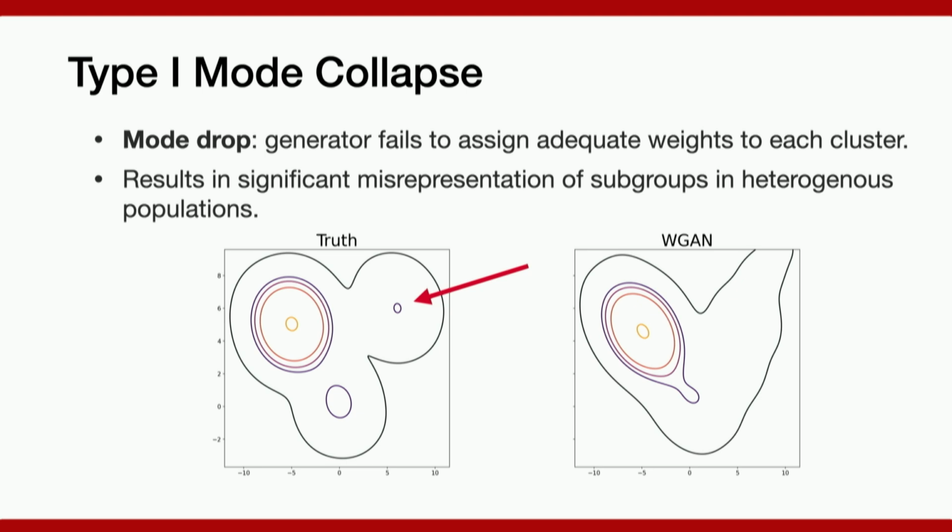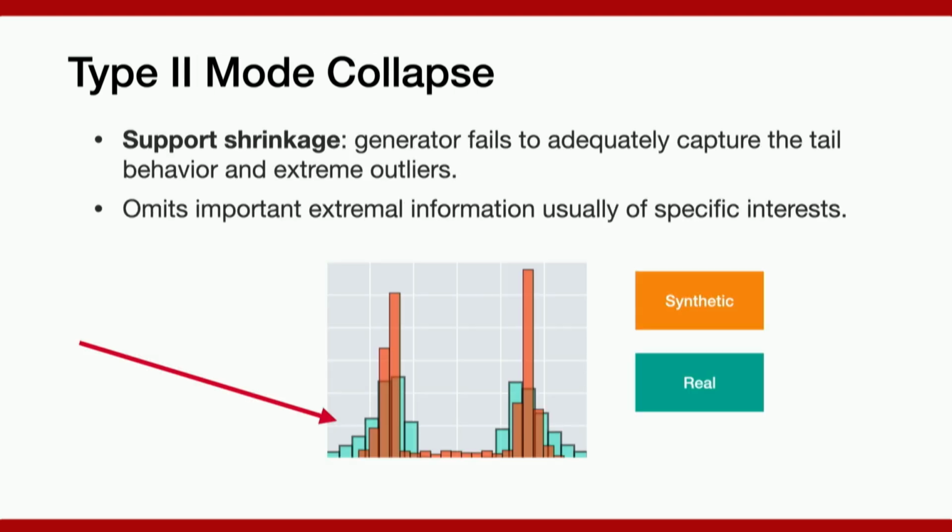And this could have serious consequences for algorithmic fairness if I use the algorithm to score individuals for employment, for insurance, etc. And type 2 mode collapse is what we call support shrinkage. And this happens when the generator fails to adequately capture the tail behavior and extreme outliers. So in the example here, we have orange demonstrating the synthetic sample, and turquoise being the real data.